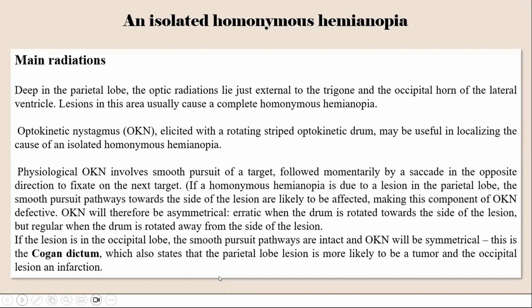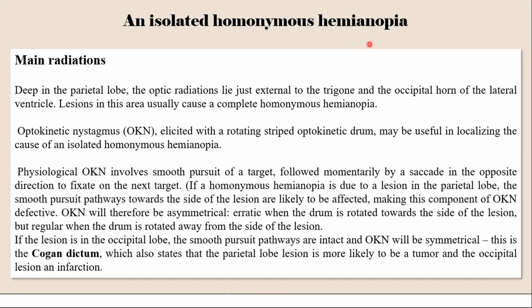Now, speaking of optic kinetic nystagmus, I'd like to mention an important concept that you may come across during your studies or even in your clinical practice. There is a term, isolated homonymous hemianopia. What do we mean by isolated? It means that the patient presents with purely ophthalmic manifestations.